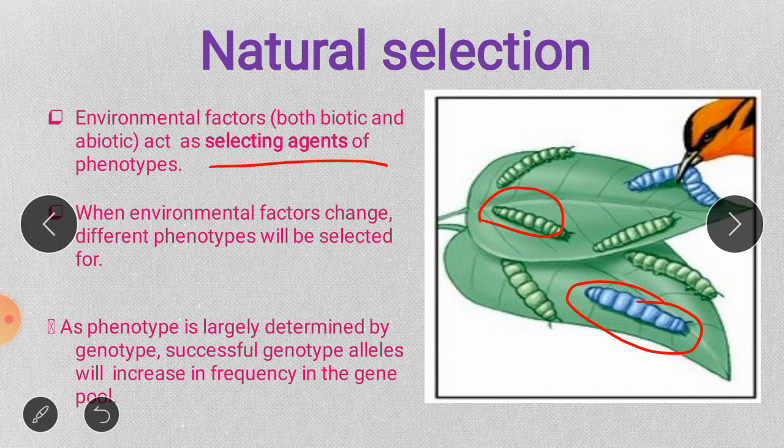Due to which the frequency of the blue caterpillar is going to be reduced, because natural selection takes place, which results in an increase in the frequency of the green colored caterpillar. And therefore the phenotype, which is largely determined by the genotype, or the successful genotype alleles, will increase in frequency in the gene pool. So we get an increased genotypic frequency or allelic frequency of the green caterpillar.